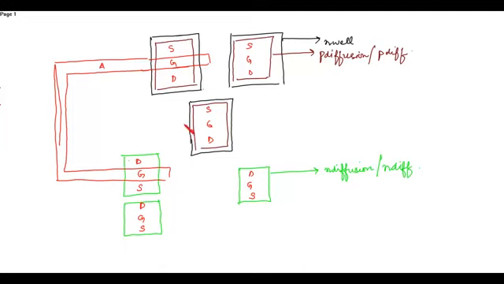Before going for B, let's draw the C. This is C. Then you have B. You can draw from here or here. Draw it from outside.